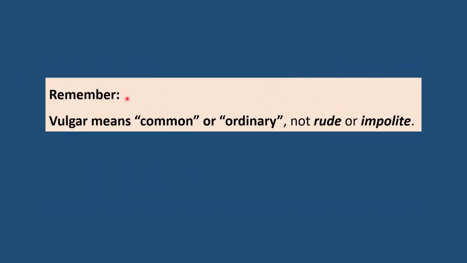So, a one line reminder: vulgar means common or ordinary, not rude or impolite. That is the old meaning, and that's the meaning we should attach when we say vulgar fractions. When you are saying vulgar fractions, in that context, take the Old English meaning.